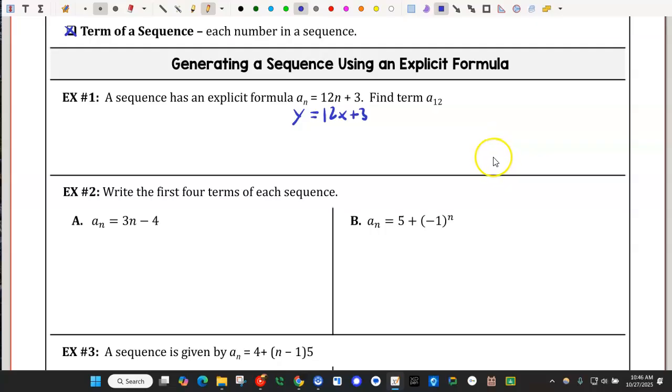And if we were to graph it, it will come out to be something that resembles a straight line. And they're just saying, find the 12th term, or a sub 12, which just means plug in 12 into this, nothing more. So for each of these n's, you just replace it with a 12.